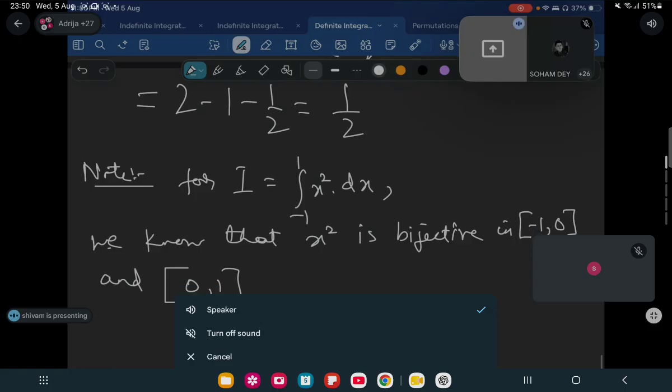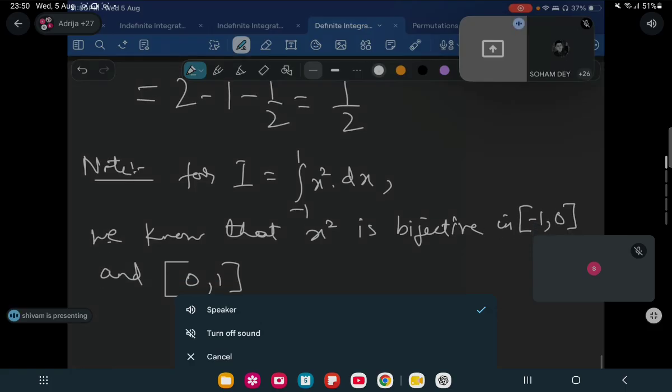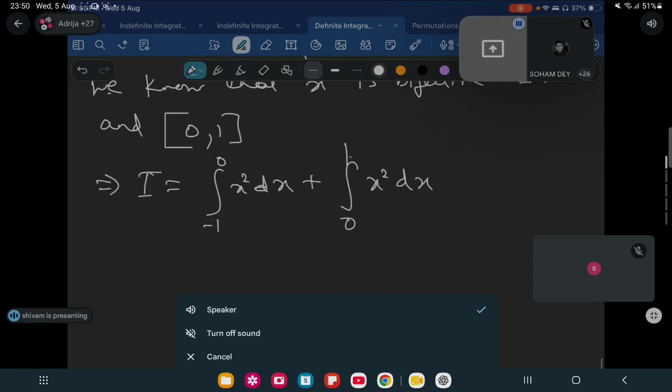So I'll break the interval, everyone, and then use substitution. So we'll get I is equal to integral from minus 1 to 0 of x square dx plus integral from 0 to 1 of x square dx. Now you use substitution.